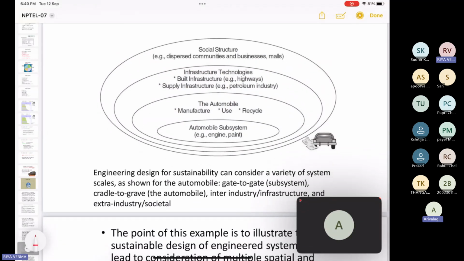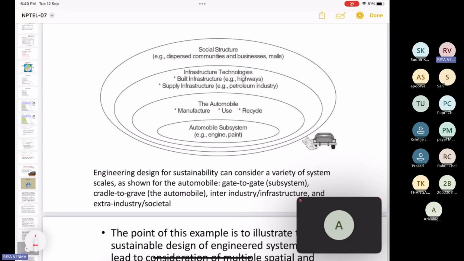So for an automobile system, we have some automobile subsystems, for example, the engines and the paint. These are used during the manufacturing phase of the automobiles, and to run this automobile, we need some infrastructure, that is highways or the supply infrastructure of the petroleum industry.